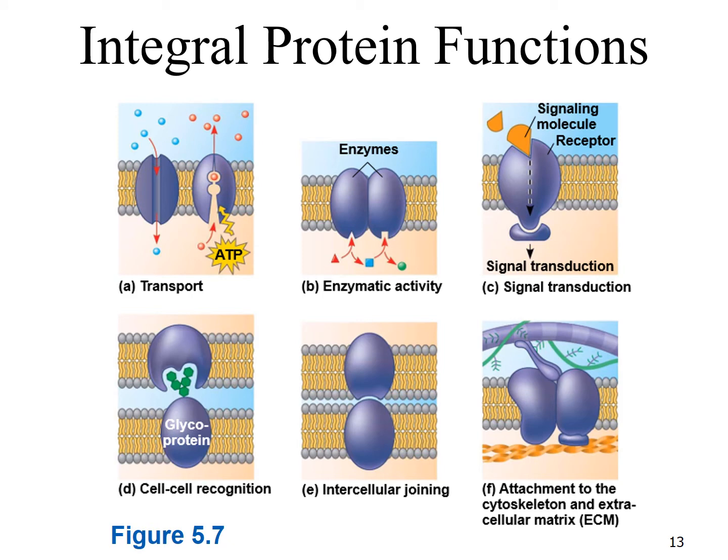There are literally hundreds of these integral globular proteins, and we're still learning more about the specific functions of all of these different integral globular proteins. We're going to try to keep it simple and break it down. We'll do 5, but the 5 really fall into a couple of these different categories. We'll look at transport globular proteins, which will include channel globular proteins and carrier globular proteins.